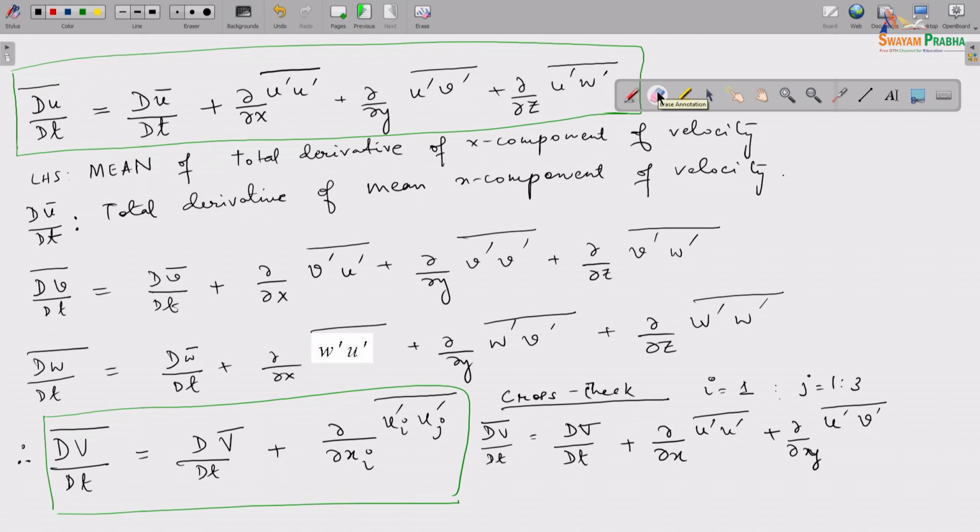This is fine, okay, except let us just say that j is equal to 1 and i goes from 1 to 3. I think that should be correct, and let us sort of rewrite this.